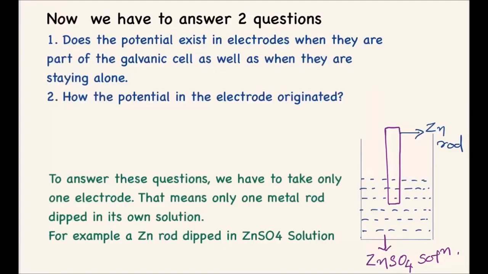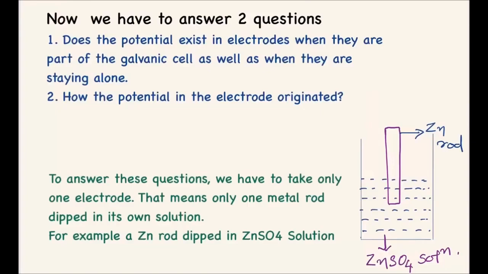In both these cases, does the potential exist in a single electrode? Second question: how is the potential in the electrode originated? What is the reason behind the formation of electrode potential in a single electrode?